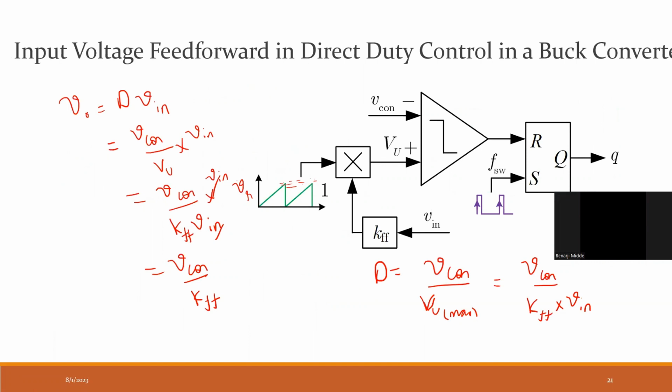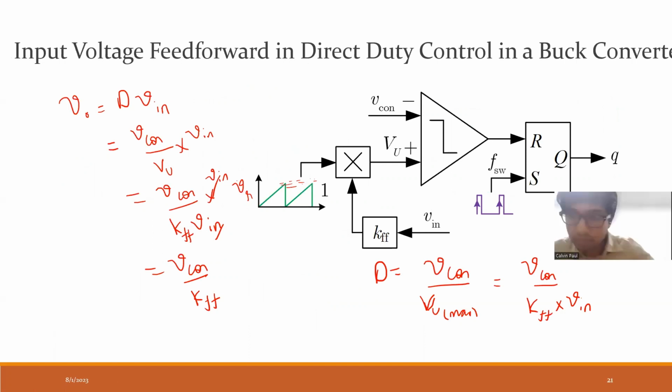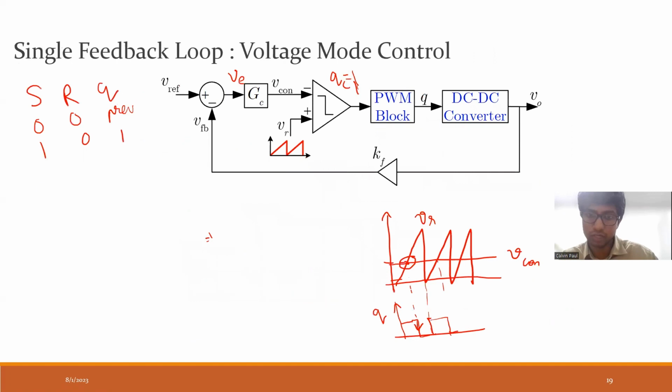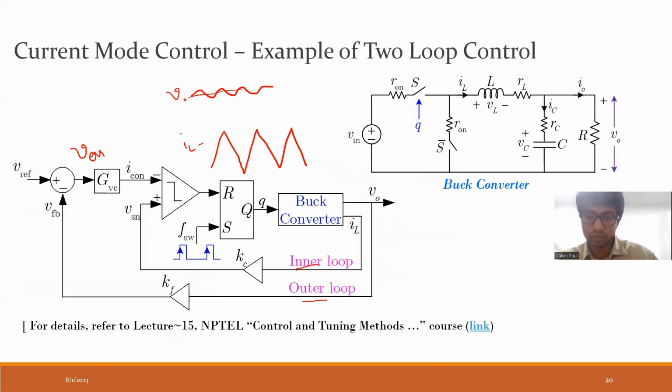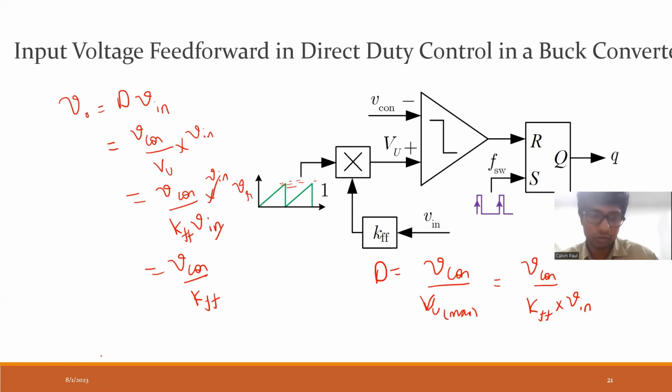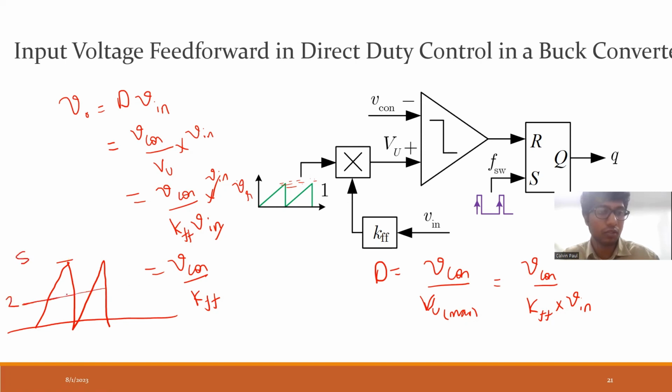Thank you, sir. Sir, how are we arriving at this duty D equal to V con by Vu max? Okay, so you will see, let me draw. I have this ramp. Assume this ramp is there. Maximum value of this is 5, and this value of V con is 2.